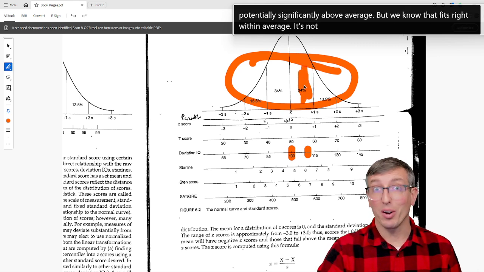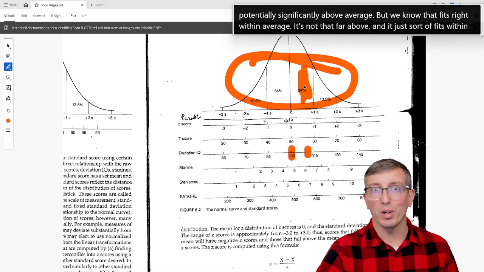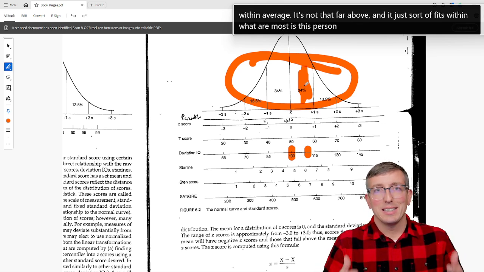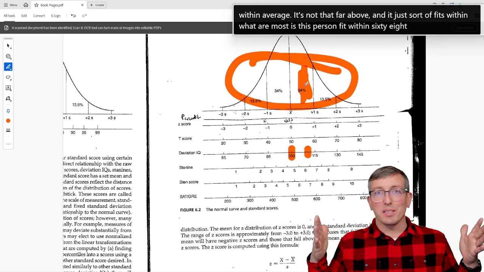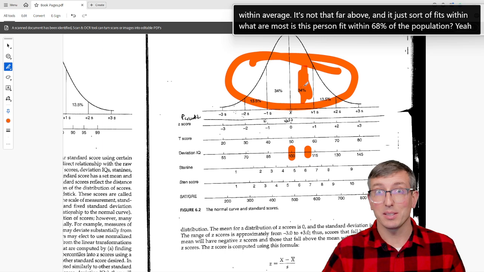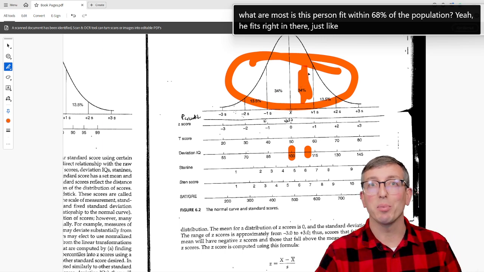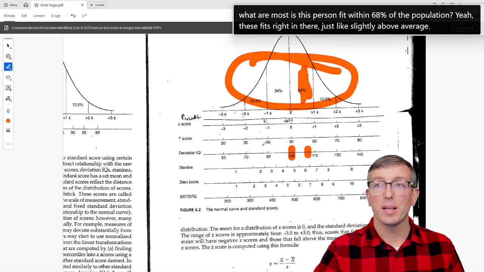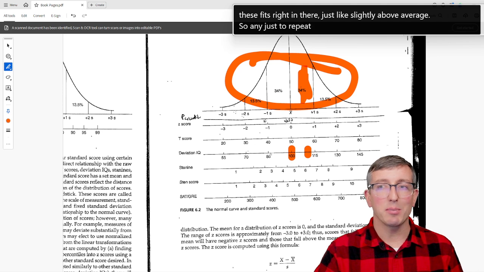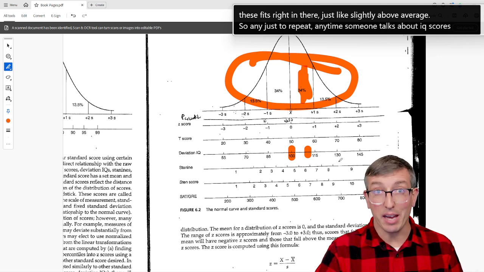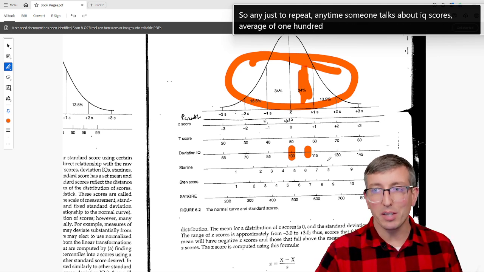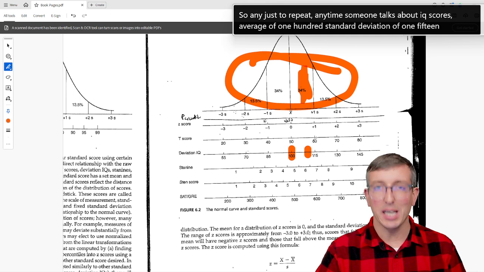It's not that far above. Does this person fit within the 68% of the population? Yeah, fits right in there, just slightly above average. So just to repeat, anytime someone talks about IQ scores, average of 100, standard deviation of 15.